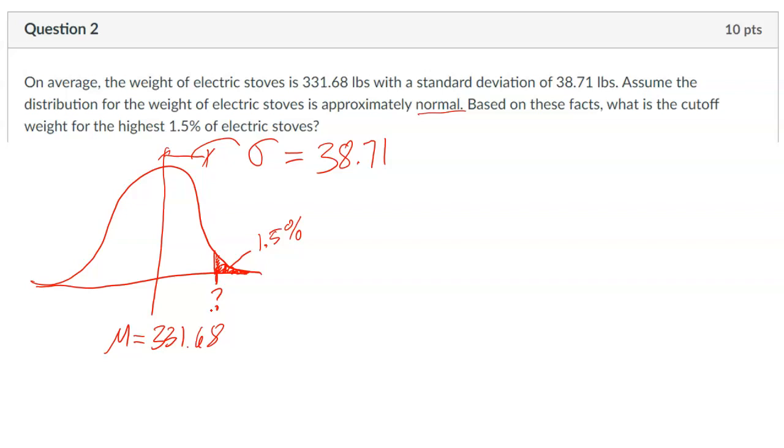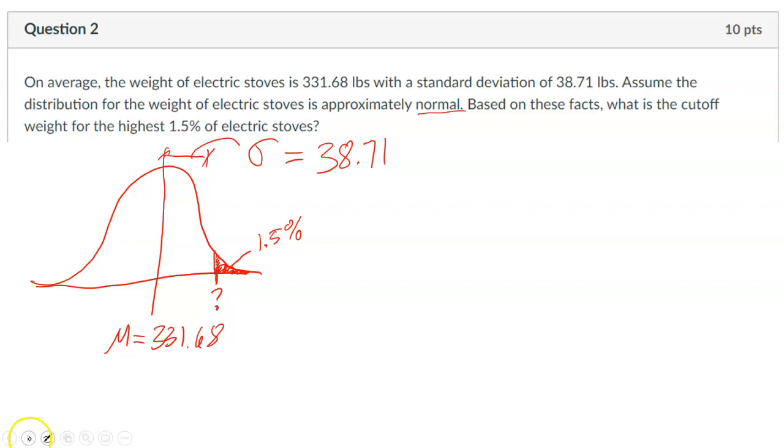So that means that 98.5% of the stoves will have a lower weight than this weight. Only 1.5% of electric stoves are higher than this weight. Now, to do that, you have to remember how the Z table, or the standard normal distribution, works.